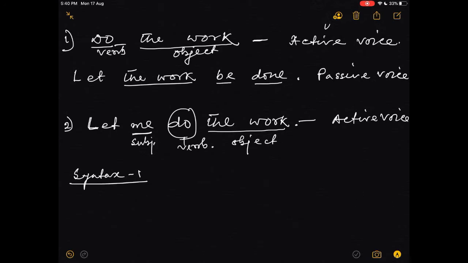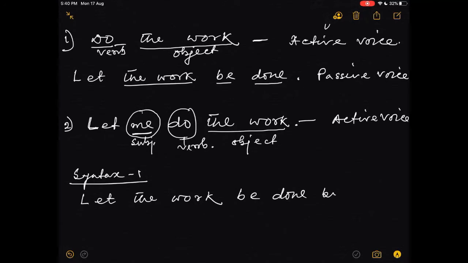What is that? First use let, only one let, not this let. Let, then the object, let the work, then one be is there, be done, and this one will go to this place, by me.